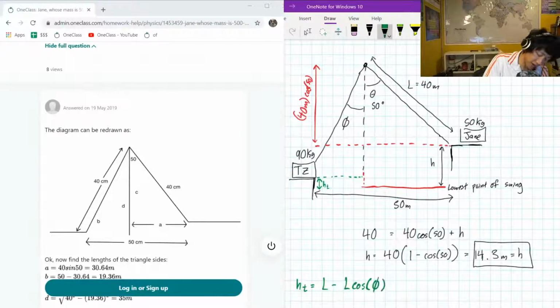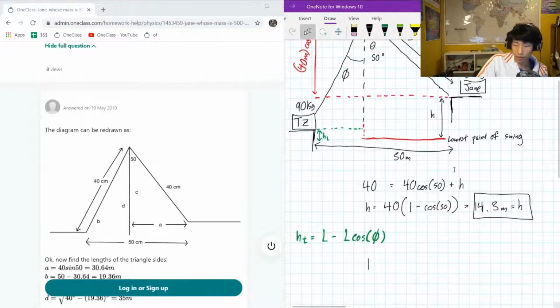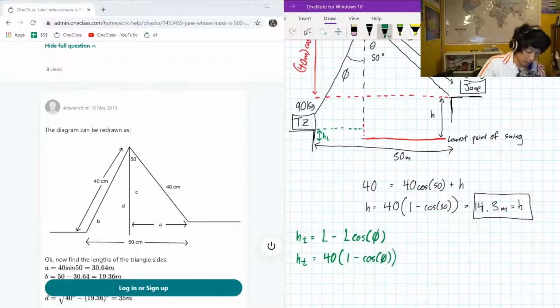Not chi, it's phi. And so this shall be, now we don't know phi right now, so we're going to need to leave that, but it's going to be 40 times 1 minus cos phi, like that.